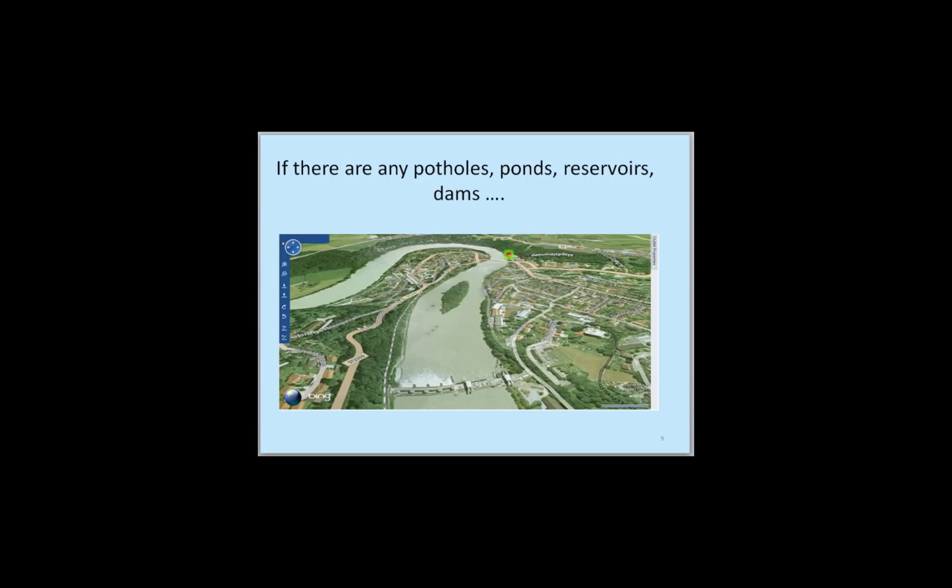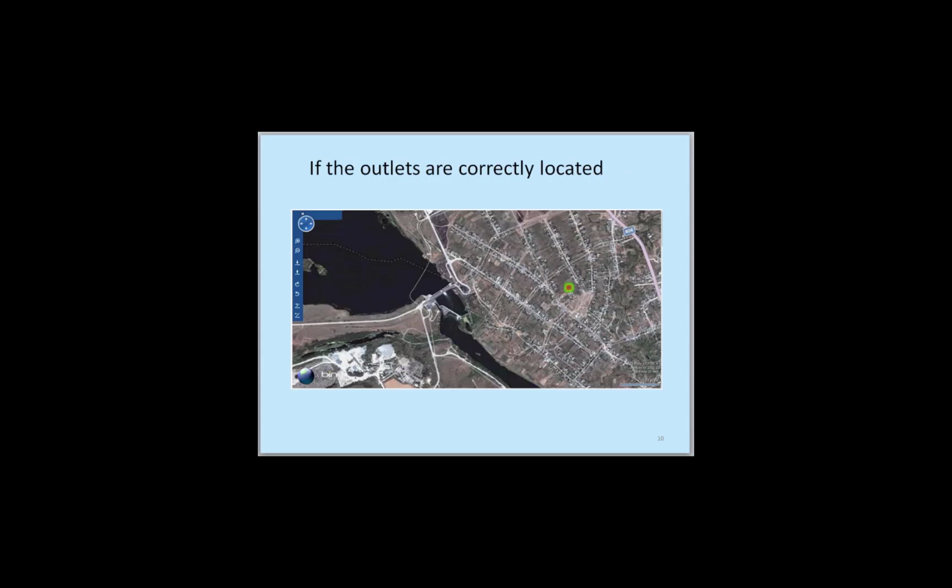See where they are with respect to dams and reservoirs. SWAT cannot give you correct simulation of an outlet downstream of a dam unless it is provided with dam discharge. So check if the outlets are correctly located on the right river. Often outlets are not positioned correctly because their coordinates are not very accurate.